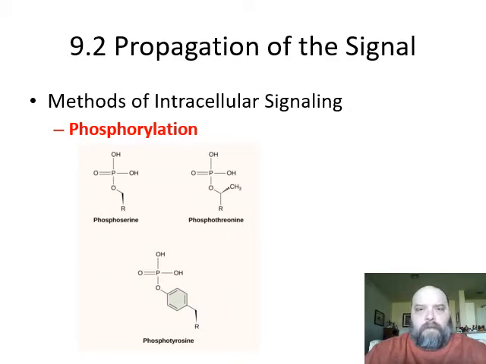The R group that comes off of the alpha carbon is going to be the site of the phosphorylation. By adding the phosphate group to the R group of a specific amino acid residue, it's going to change the secondary structure of that protein, change the tertiary, change the quaternary. It goes from an inactive enzyme to an active enzyme.